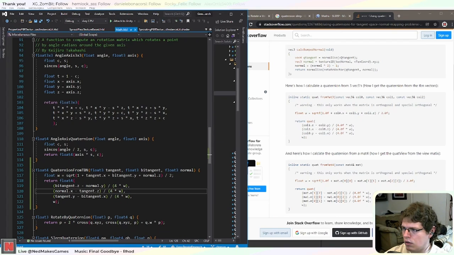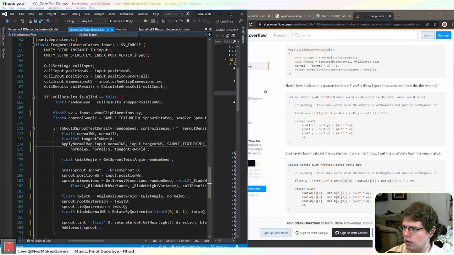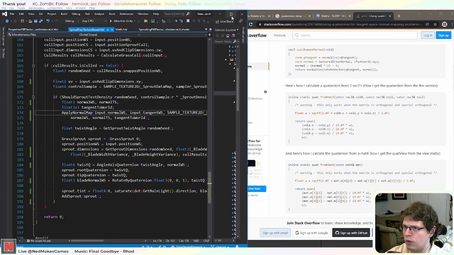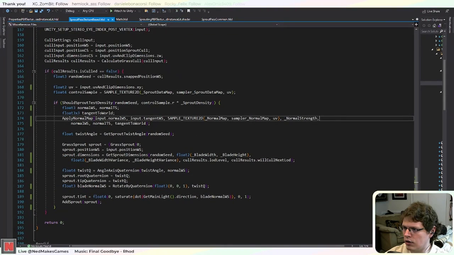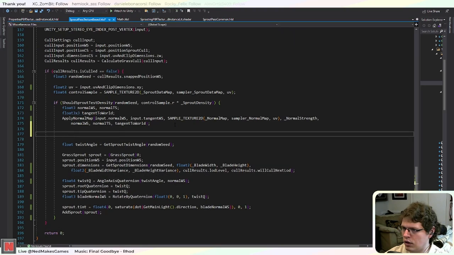Okay, so hopefully this code worked okay. But let's get rid of the twist and just make sure that they orient fine based on the normal and everything. Okay, well, oh, it's fine.